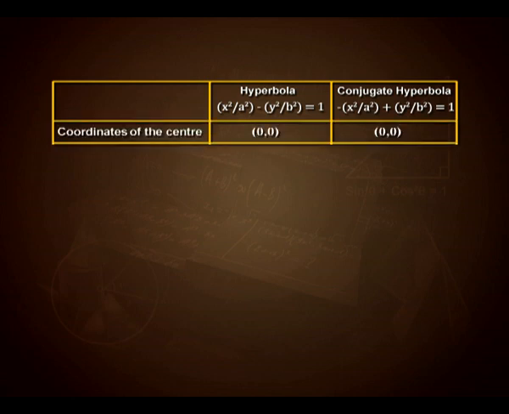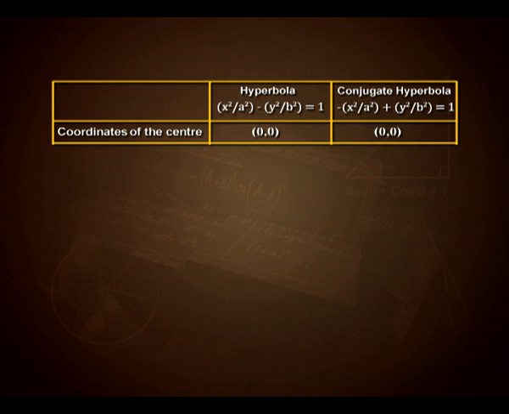We have here a table showing hyperbola and conjugate hyperbola. The equation for hyperbola is x²/a² − y²/b² = 1, whereas for conjugate hyperbola we have −x²/a² + y²/b² = 1. Let us look into the coordinates of the center.